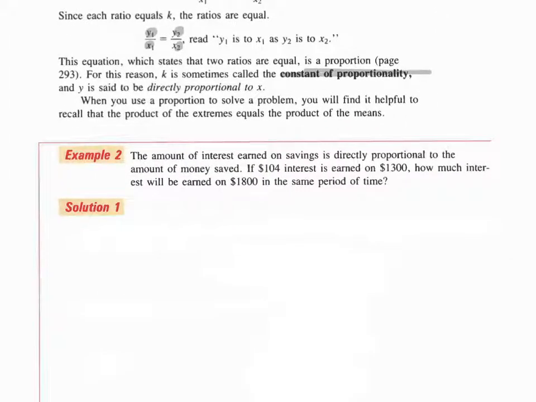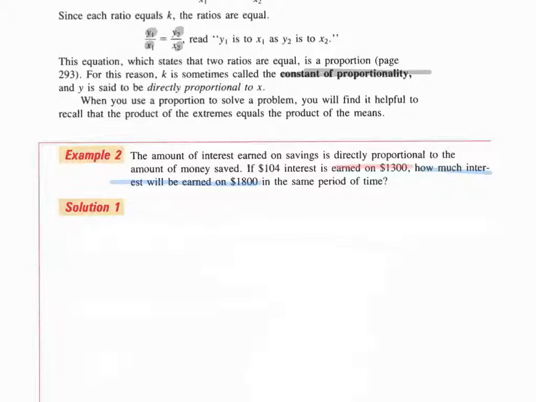It's a word problem. It says the amount of interest earned on savings is directly proportional to the amount of money saved. If $104 in interest is earned on $1,300, how much interest is going to be earned on $1,800?